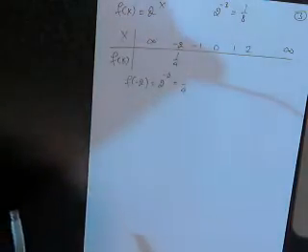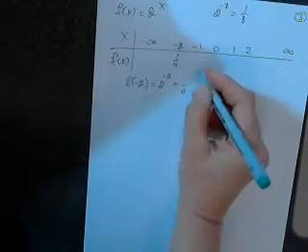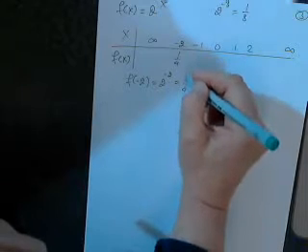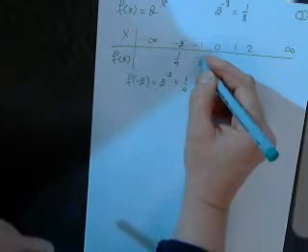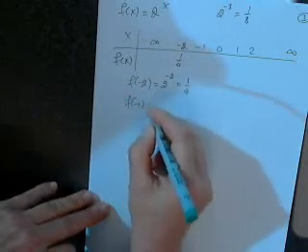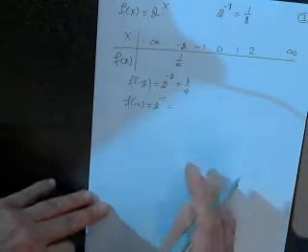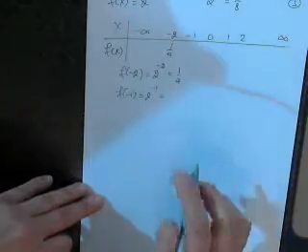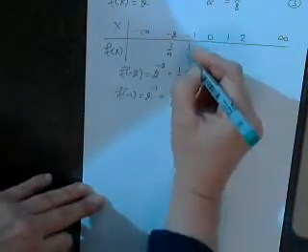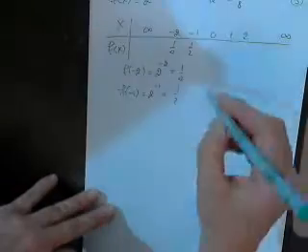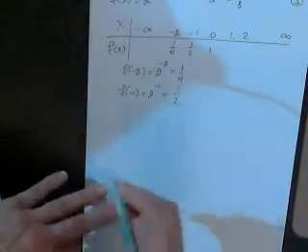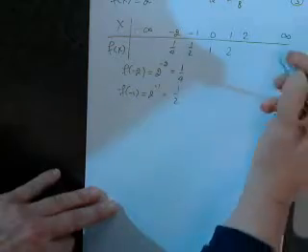So now please plug in -1 and tell me what you get. Okay, f of -1 is 2 raised to -1. So please plug in 0 and tell me what you get. Very good. Please plug in 1 and plug in 2.